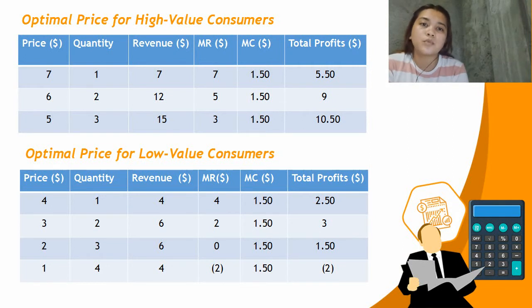If the price is 1 and the quantity is 4, the revenue is 4, because 1 times 4, and the marginal revenue is negative 2, which is 4 minus 6. The marginal cost is 1.5, and the total profit is negative 2.